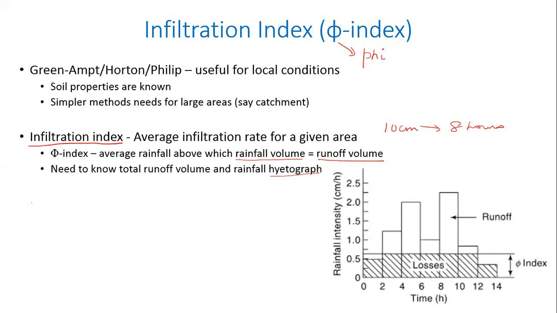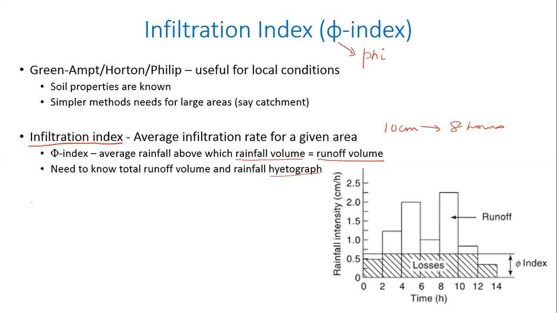In this case, the phi index looks like it is about 0.6 centimeters per hour. Only if I receive rainfall intensity more than 0.6 centimeters per hour, it will result in runoff. Any rainfall that is less than 0.6 centimeters per hour will simply become infiltration.